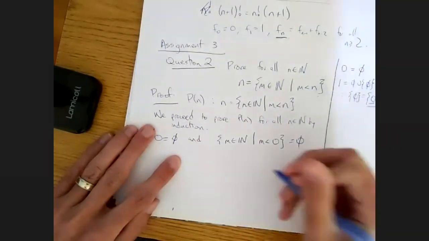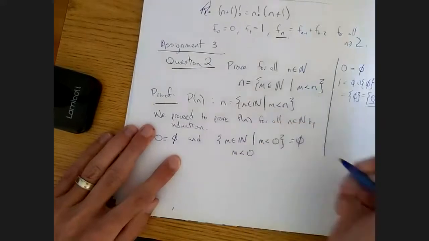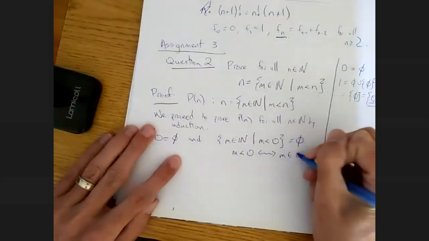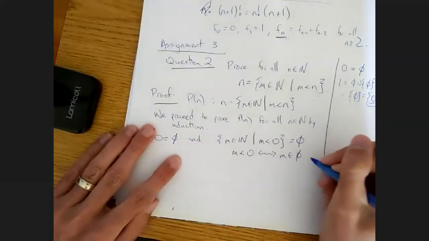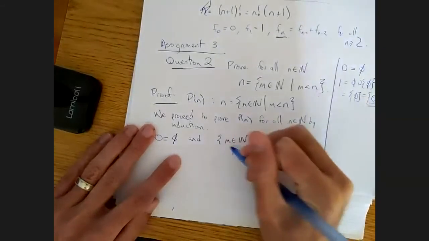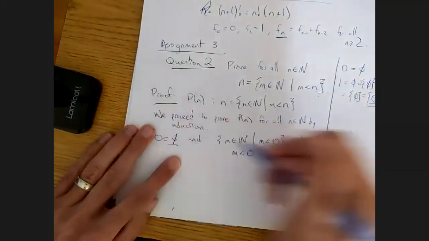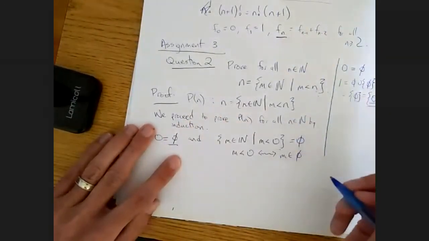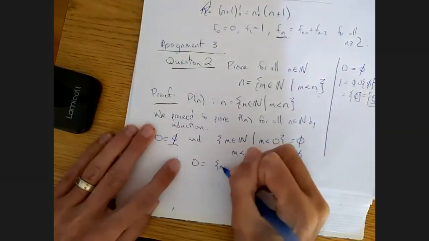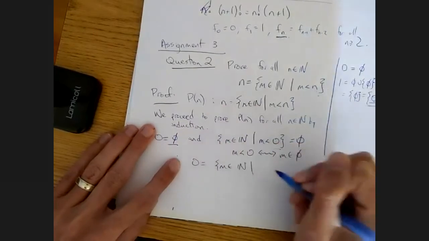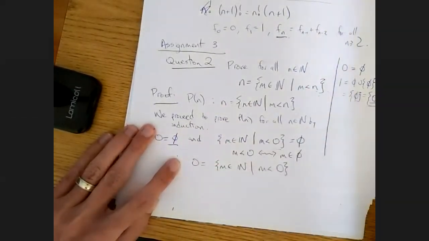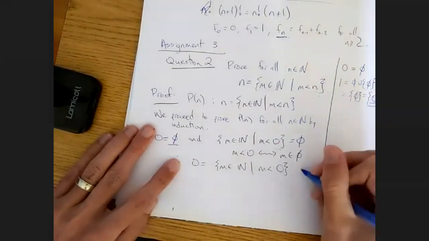The reason is that for m less than 0, the definition says that m has to be in the empty set. Well, there's nothing in the empty set, so there's nothing in this set. These are the same. So therefore 0 is the same as all the natural numbers which are less than 0. In other words, both sets are the empty set. So P of 0.